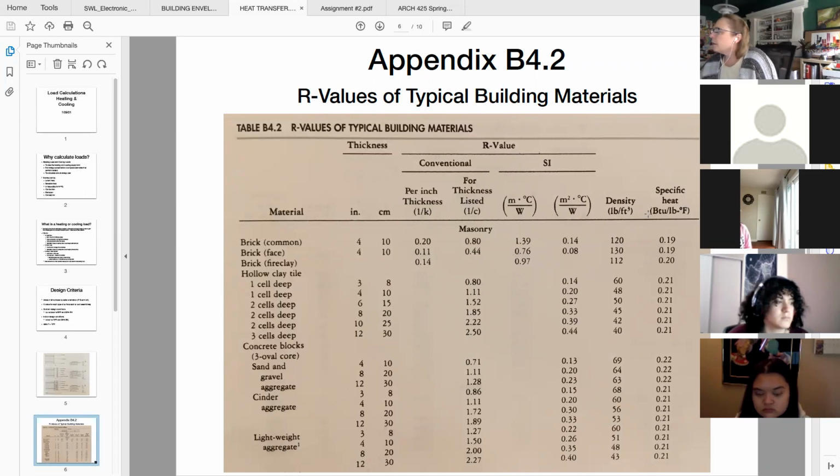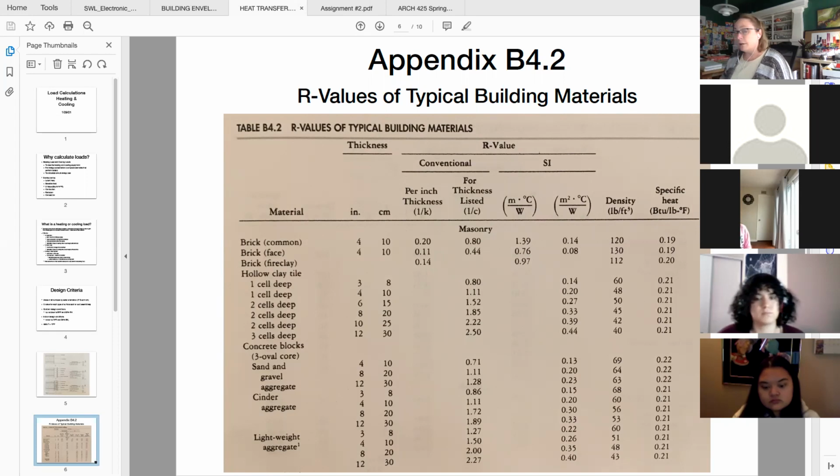Notice over here, this specific heat, that is a factor of the material. Specific heat is what it's called for calculations. Another thing it could be called in terms of architecture is thermal mass.